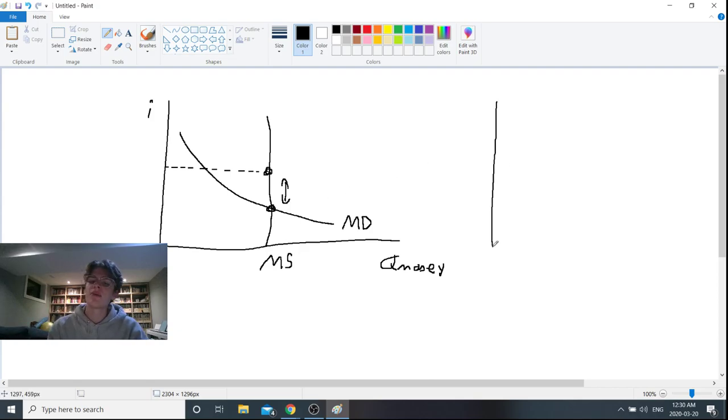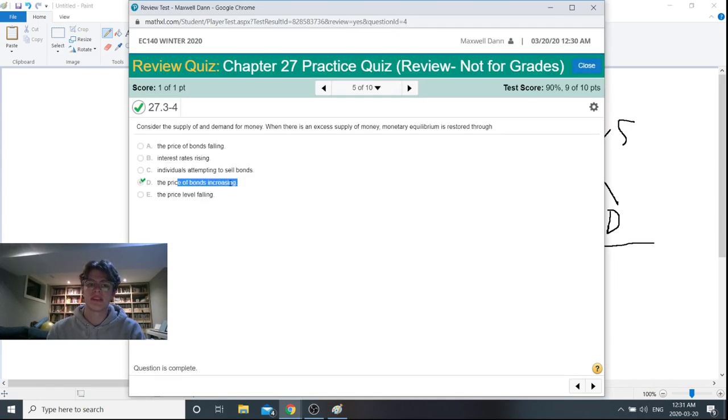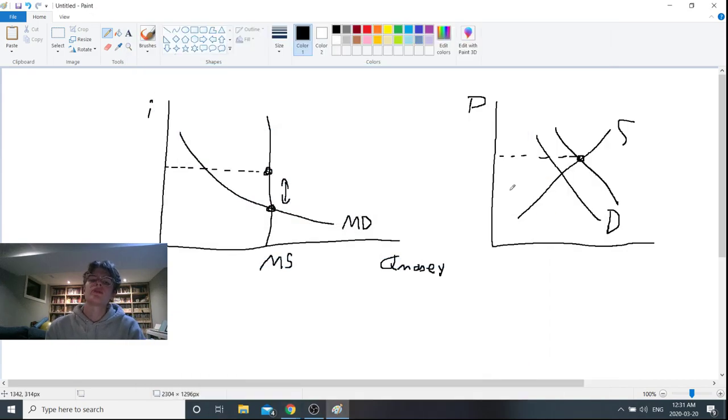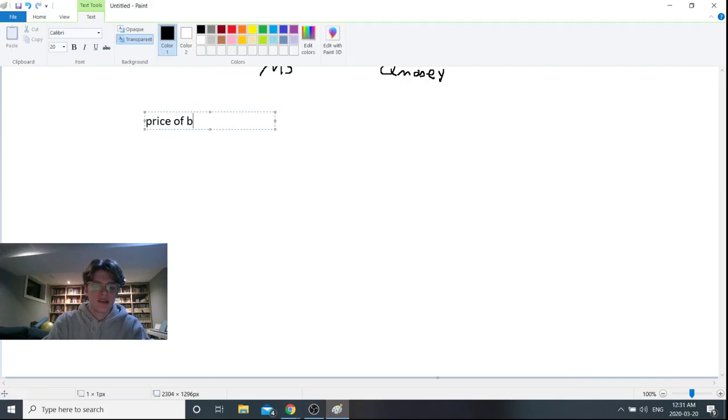What does that mean? So let's look at a very simple demand and supply model, right? Well, now if there's an increase in demand, then there is an increase in the price of bonds. So that's the whole question. What's going to happen when the price of bonds increases? The price of bonds and the interest rate are negatively related.